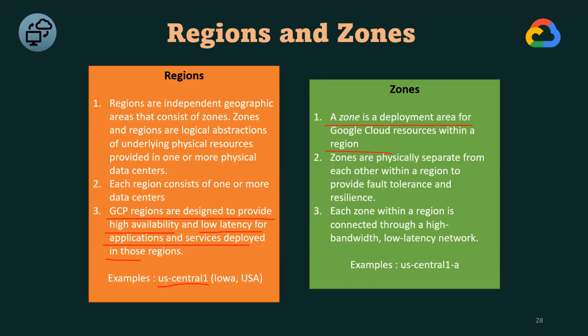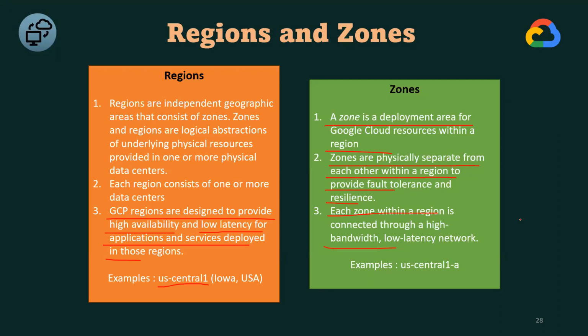Zones are separated from each other within a region to provide fault tolerance and resilience. One more thing: each zone is connected to a high bandwidth, low latency network. Each zone is separated from another zone and connected by a high bandwidth, low latency network, so that whenever your application requires multiple zones, you can use this network.